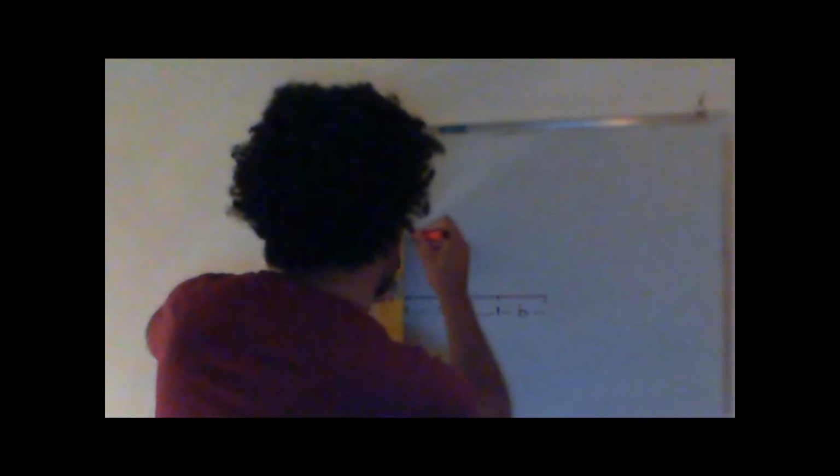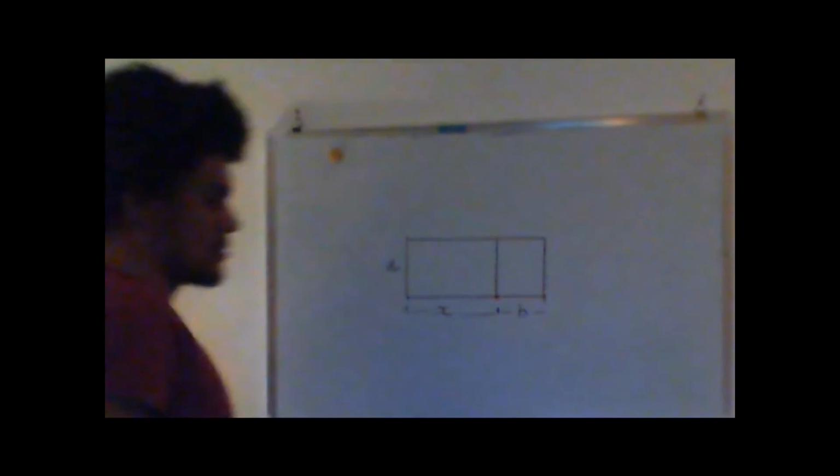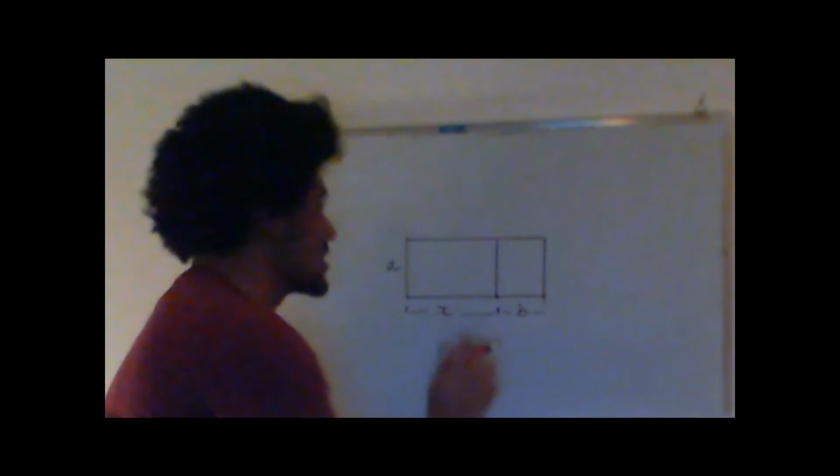And then if you have a perpendicular line of length a, you can actually construct two rectangles like so, two small rectangles which make up one big rectangle.